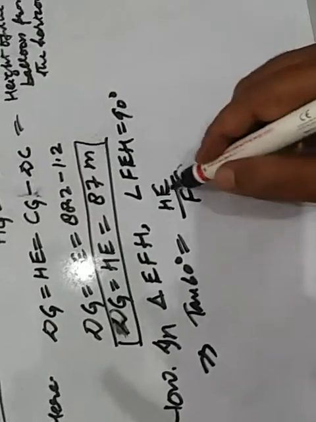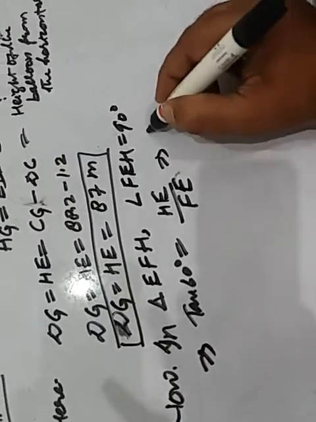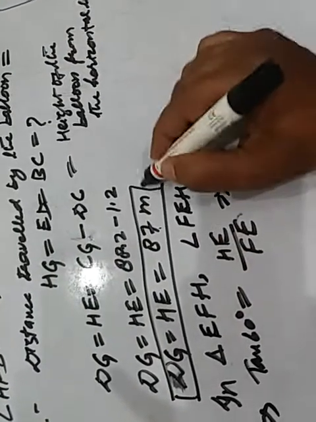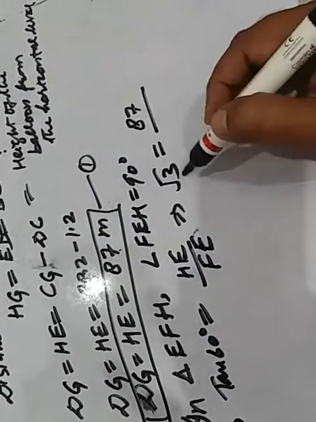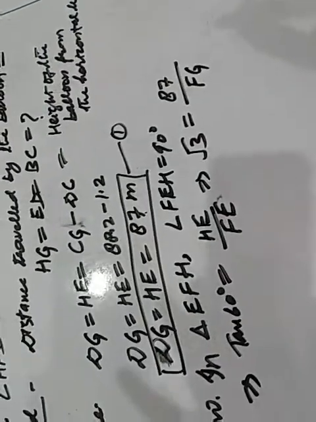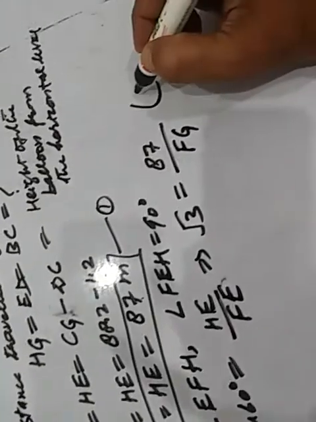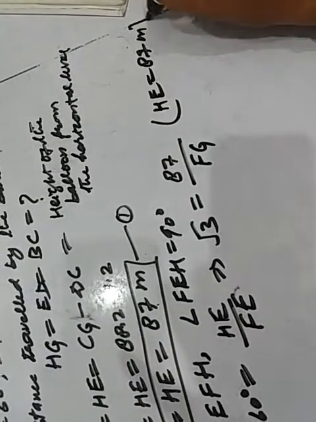This implies that tan 60 degree is root 3 equal to HE upon FE. HE we have found to be 87. Let it be equation number 1. Clear children? So from 1, HE equal to 87, that is okay.